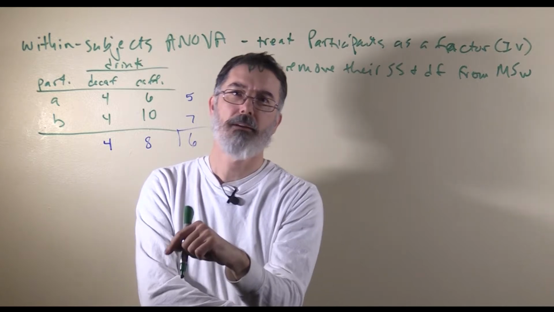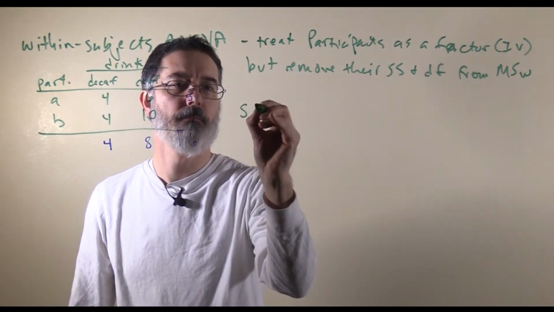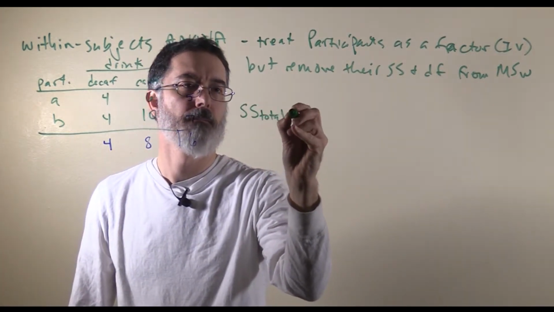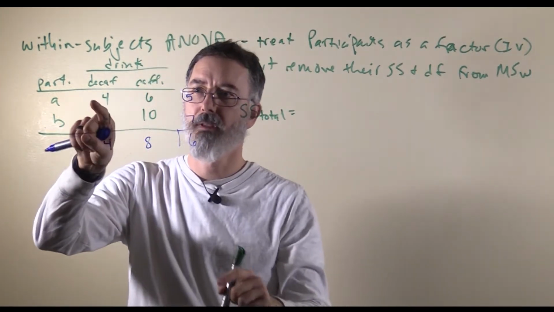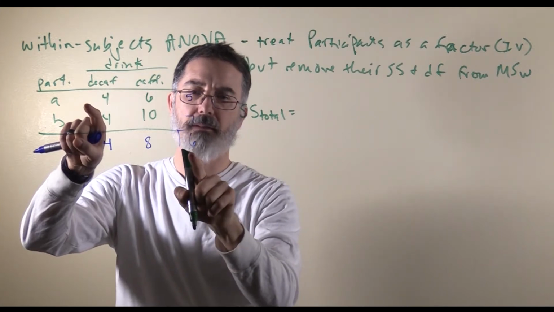So the first thing we'll do is calculate the sums of squares total. And remember, this ignores any kind of grouping. So for this, we're going to take these 4 scores and calculate their sums of squares with respect to the grand mean.